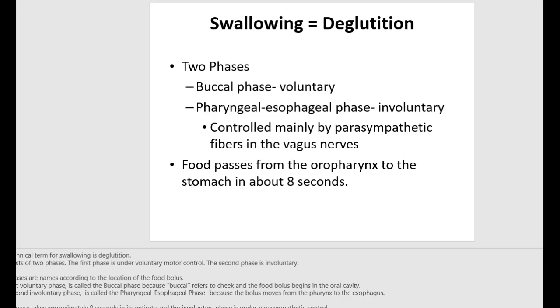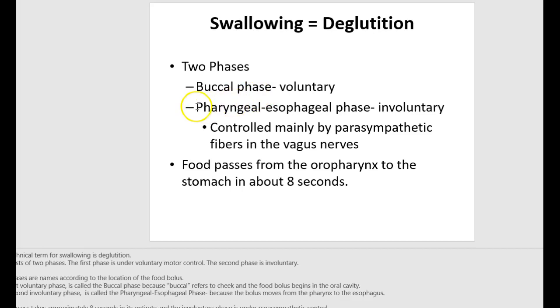So the phases are named according to where the food bolus is located. Just so you know, buccal or buccal, I've heard it said both ways, refers to the cheek. So the food bolus is still in the mouth during the buccal phase.